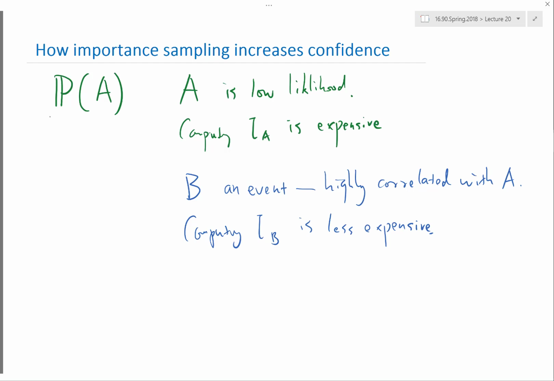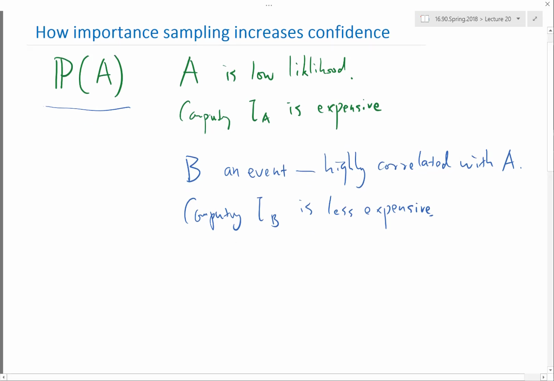Then, what's a good way to compute the probability of A, rather than just directly sampling many random samples and looking at how many have failed? What if I compute the probability of A given B?